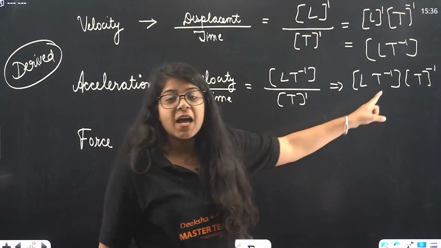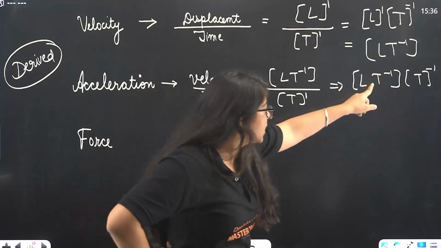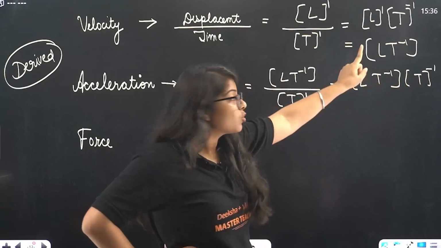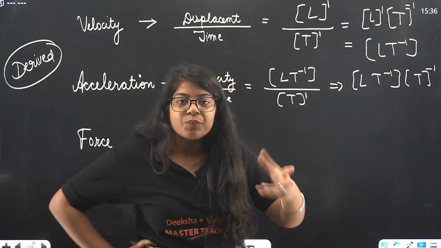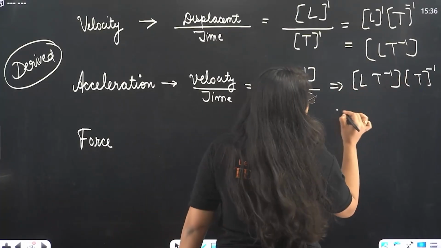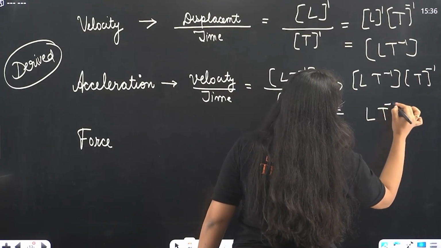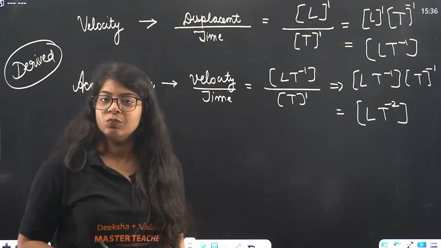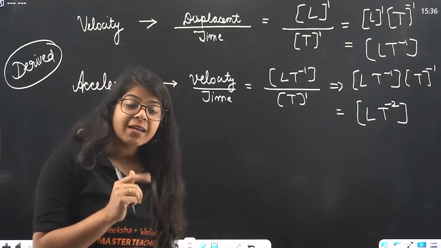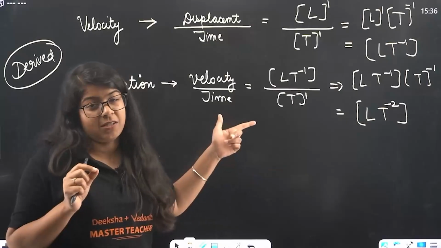Now, do you know beta, if the bases are same, that is T and T, the powers will get added up. Minus 1, minus 1, minus 2, right? If you add these two, you will get LT minus 2. Understand?